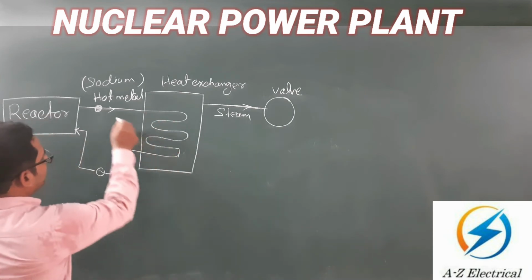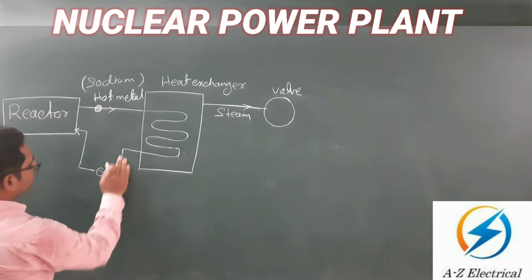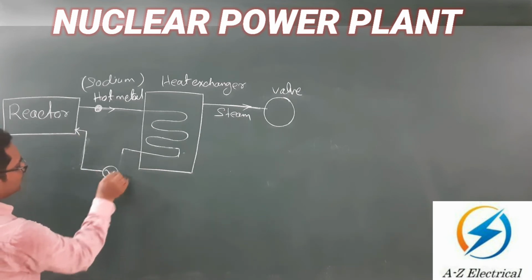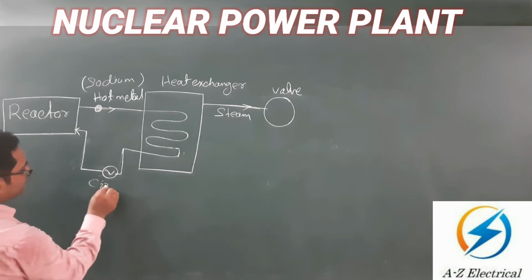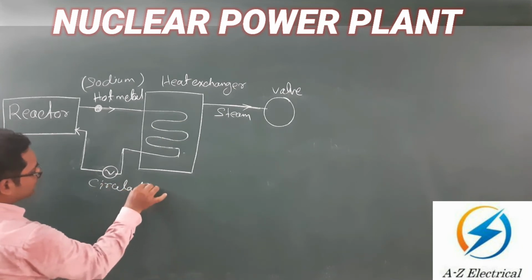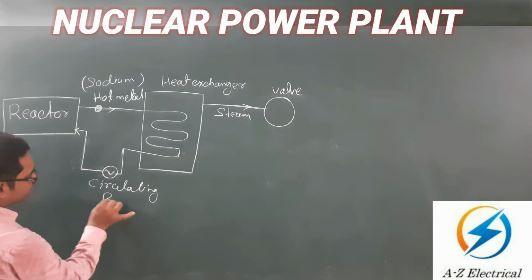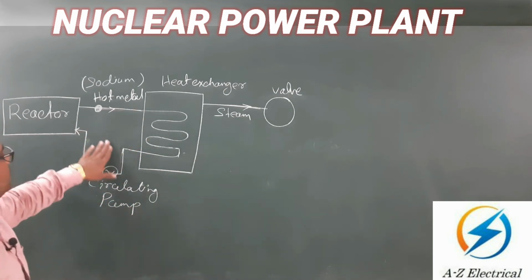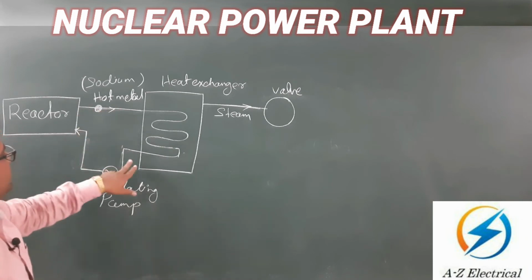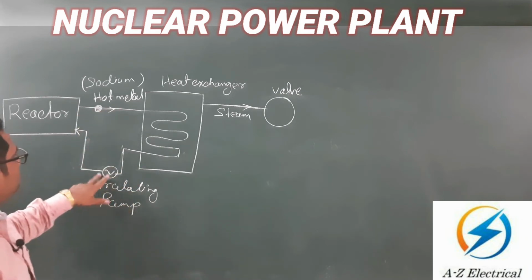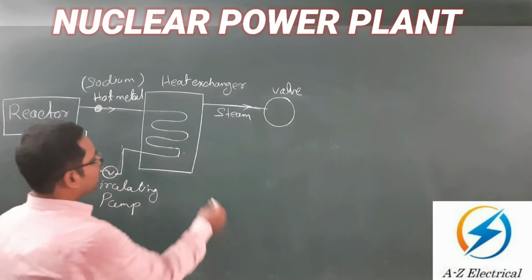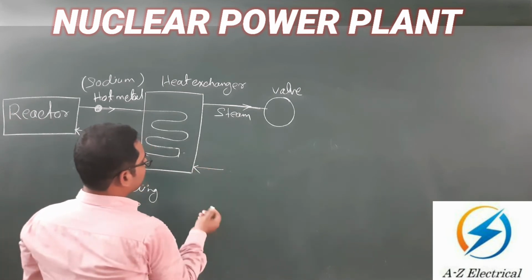That hot metal will circulate here. This is called the circulating pump, which will circulate that hot metal, cool it here, and again it will be fed to the reactor. And here the water gets inlet.